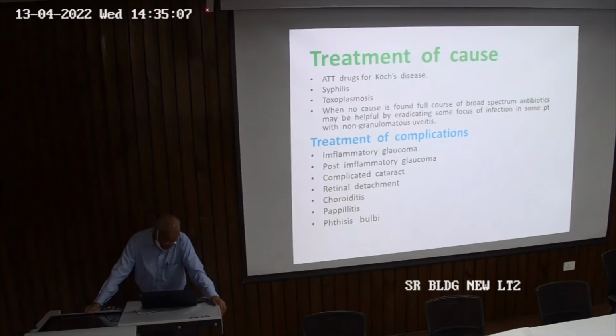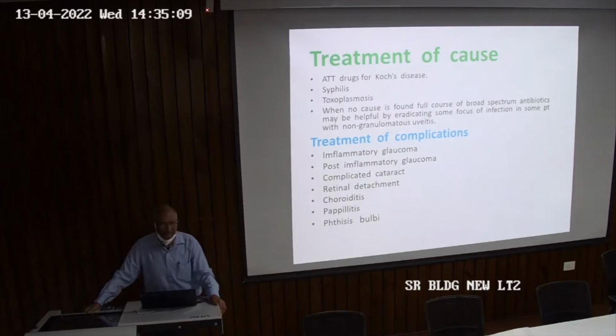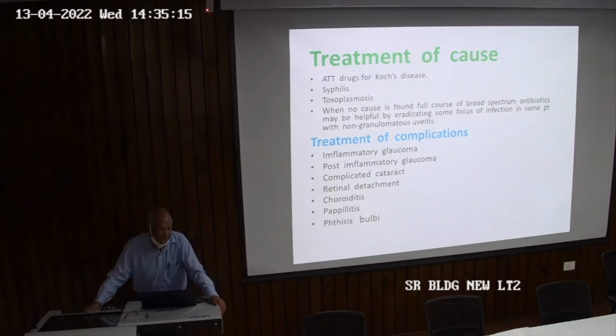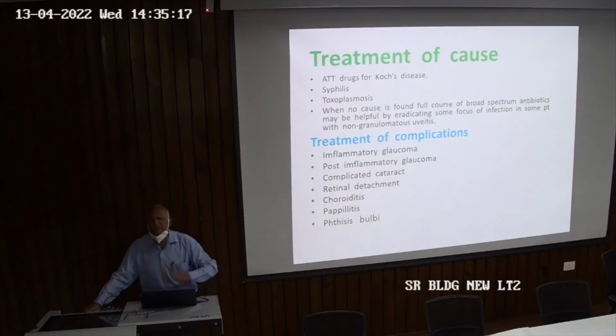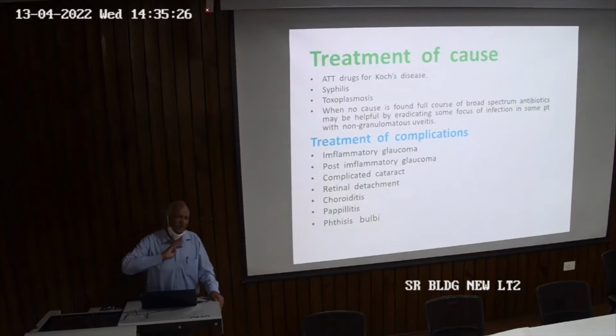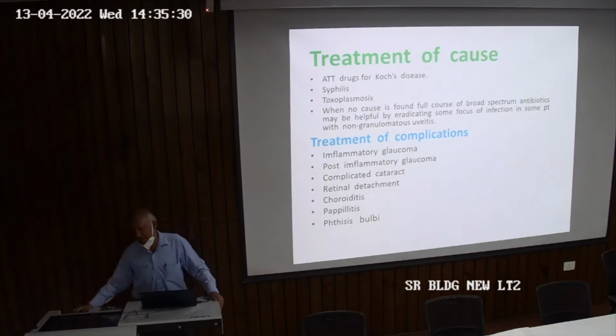Suppose a case comes to the OPD with flare and cells in the aqueous, and we have diagnosed a case of acute iridocyclitis. We send some routine investigations, because the report will come in one or two days. By that time, we start two drugs importantly: immediately start topical steroid, and the cycloplegic drug.